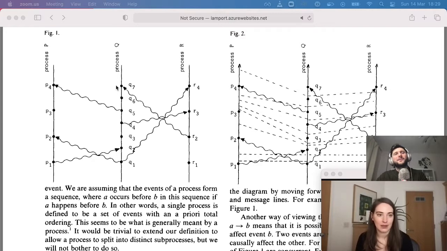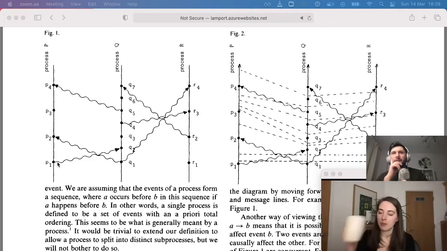So in this figure, because I got what you mean, but I wanted to give an actual example. I guess a partial ordering of events starting from P1 would be, as you said, an acyclic graph P1, Q2, Q3, Q4, R3, right? And then a total ordering would be looking at all of the events.